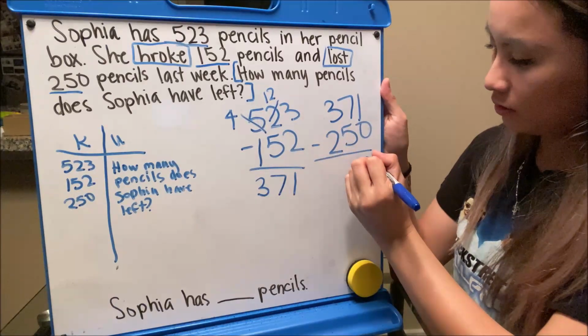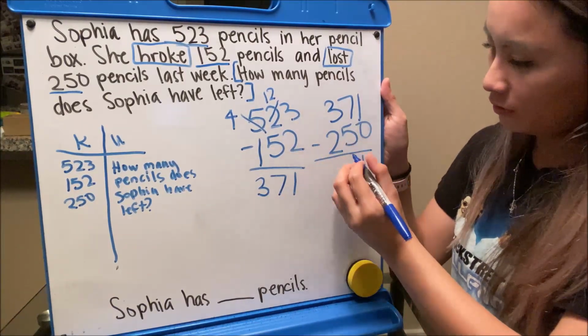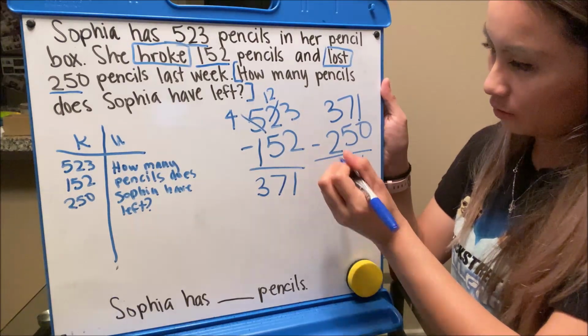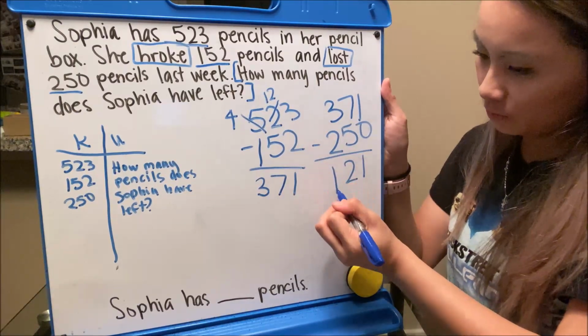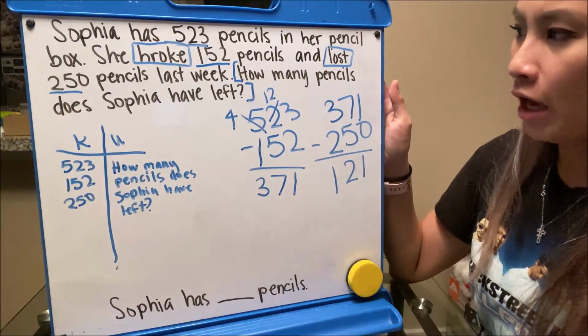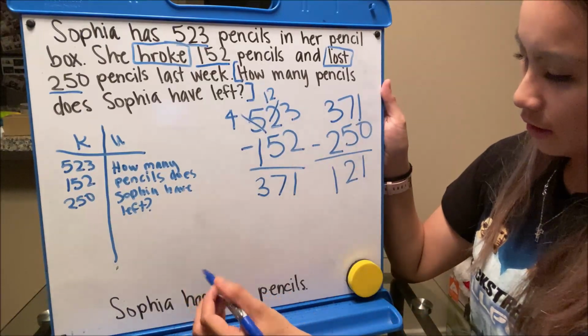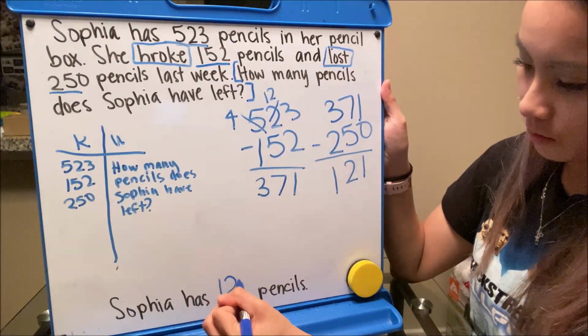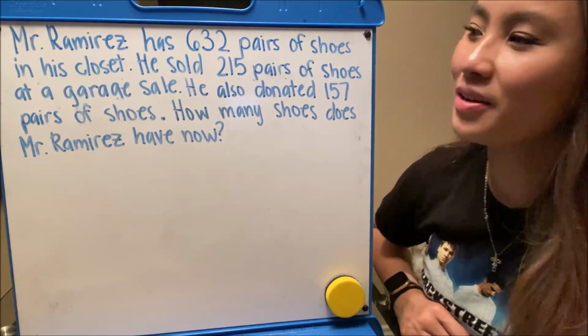One minus 0 is 1. 7 minus 5 is 2. And 3 minus 2 is 1. So, how many pencils does Sophia have left? She now has 121 pencils.